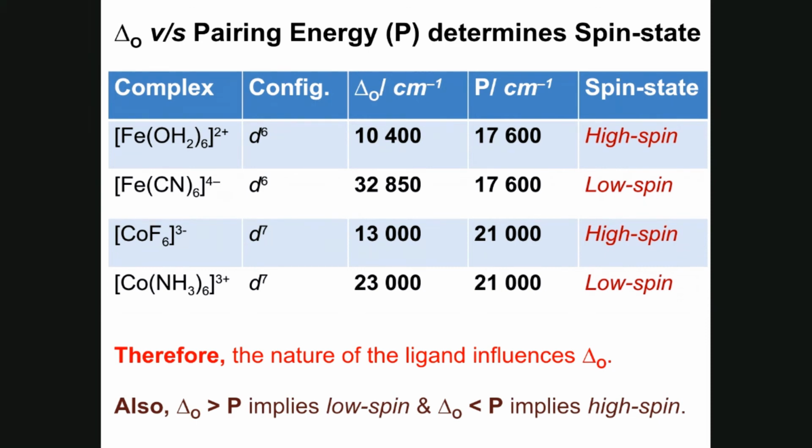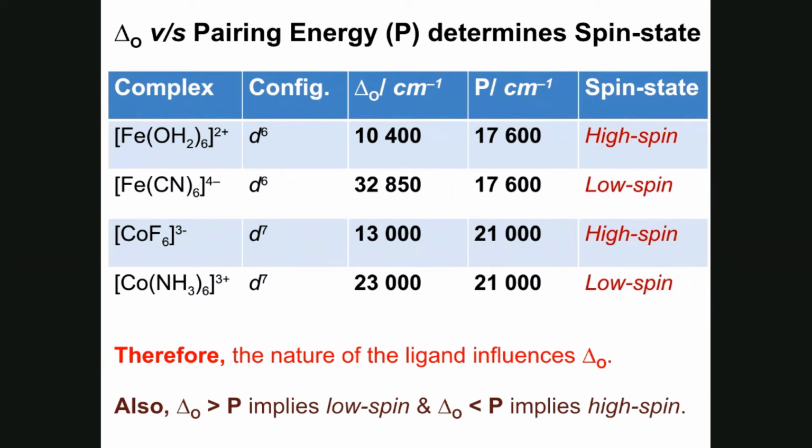That is very important. If you look at these 2 complexes, they tell us that having the same metal ion but varying the ligand, we see very distinct and important differences. The water ligand is unable to cause pairing of electrons, but the cyano group is able to pair.